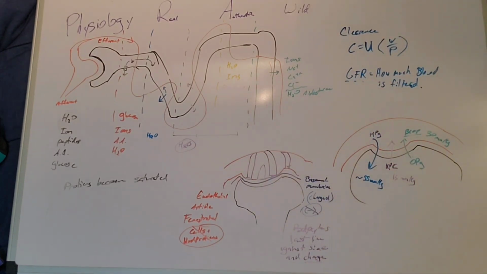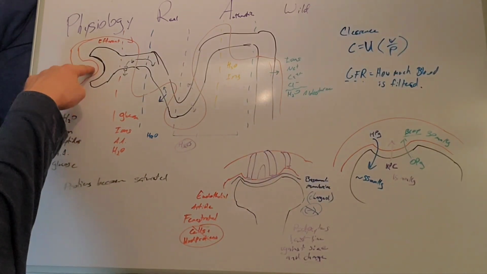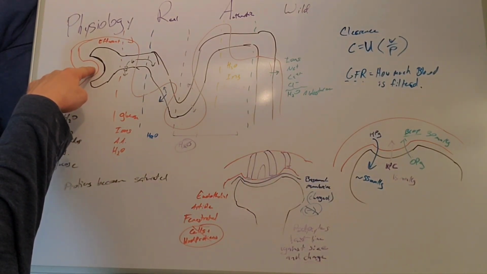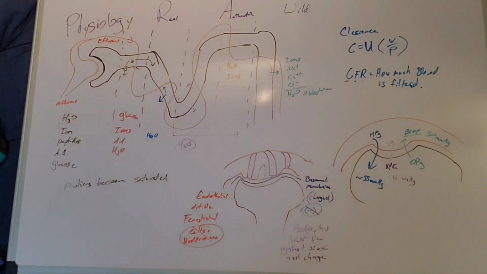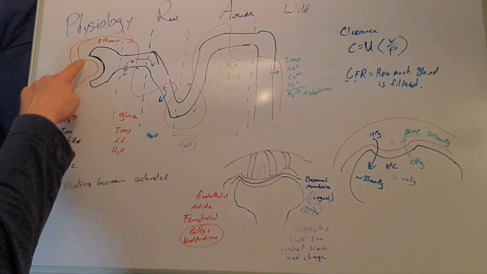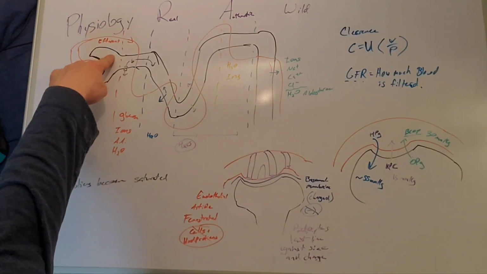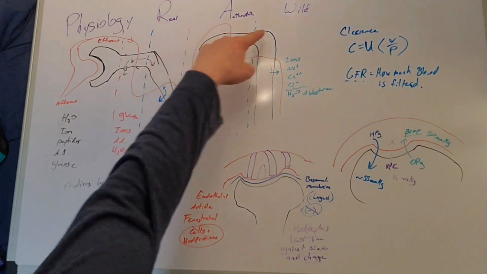And so there are some substances that get pulled from the glomerulus to the capsule, and they aren't reabsorbed or secreted in any strange amounts. So everything that gets filtered at the beginning stays and gets secreted.